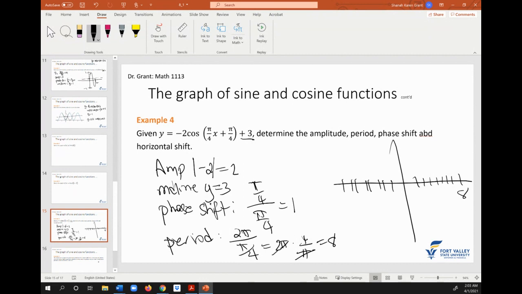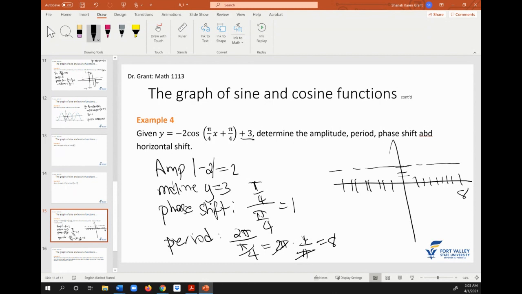Okay, so now my midline is at y equals 3. So 1, 2, 3. This is where my midline would be.